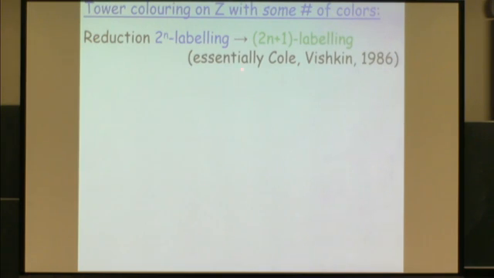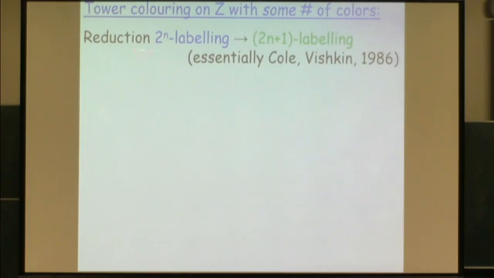So, okay, how do I do this tower colouring? Let's just work on Z. I'll show you how to do a tower colouring on Z with some number of colours. Not 4 yet, just some number. I mean an FIID colouring with tower function decay of the coding radius.